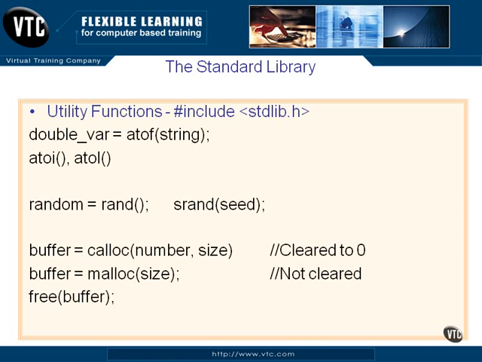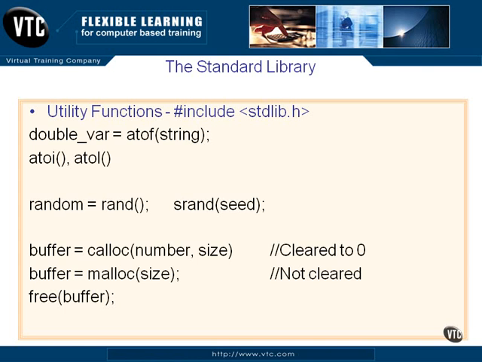You pass it a string that appears to be a number, a string of digits, and that will be turned into a double variable and returned as type double. There's also ASCII to integer, ASCII to long, and several others, such as ato-u-i for unsigned integer, and some other conversions. So if you need to get from one type to another, a string to a kind of number, you use one of the ato functions in stdlib.h.